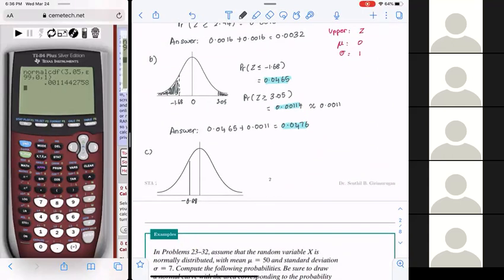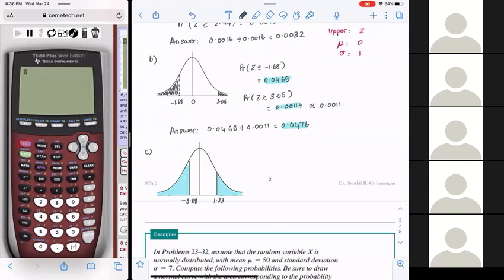So 1.23 is probably somewhere over there. So that is the first probability, and that would be the second. And we just have to find and add them.